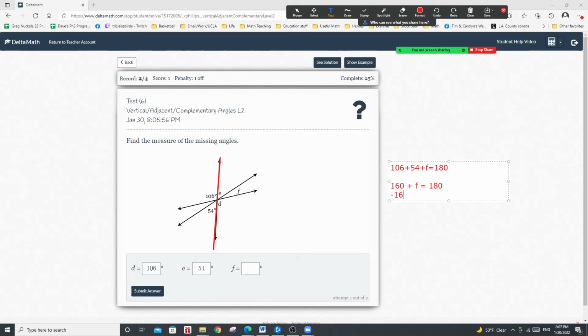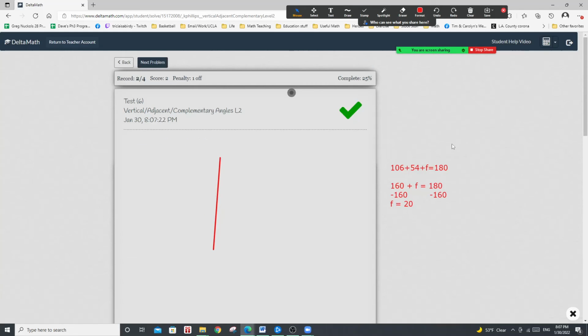I subtract 160 from both sides. And we get F is equal to 20. All right, I think that's all the types of problems. So let's move on to the algebra portion.